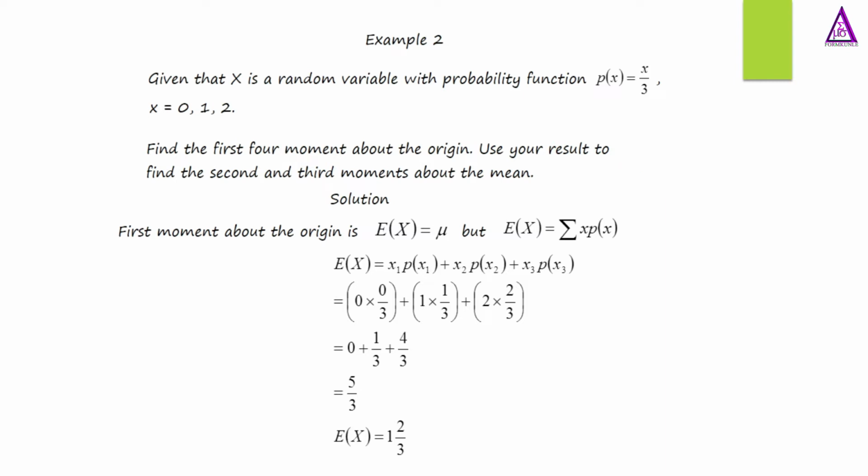Solution. The first moment about the origin is equal to 0 times 0 divided by 3 plus 1 times 1/3 plus 2 times 2 divided by 3. You have 0 plus 1/3 plus 4/3, and therefore the first moment about the origin is equal to 5/3.